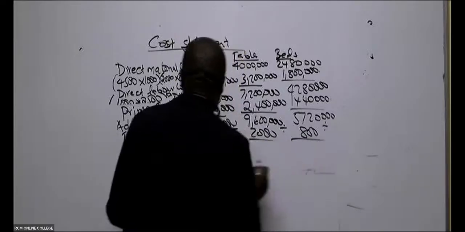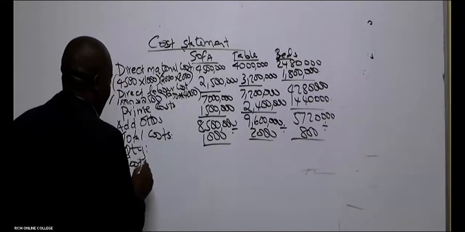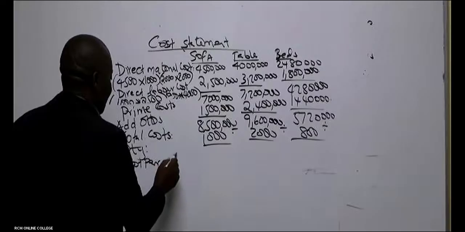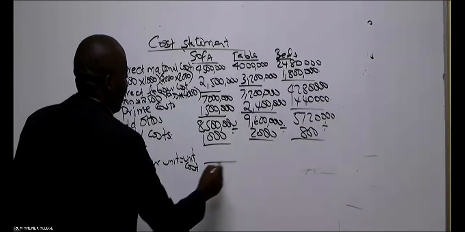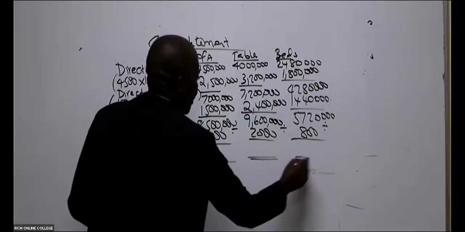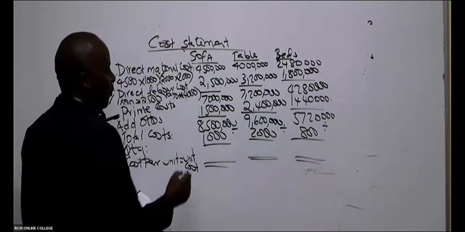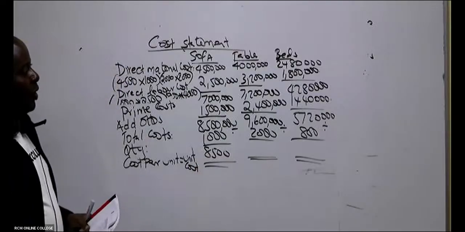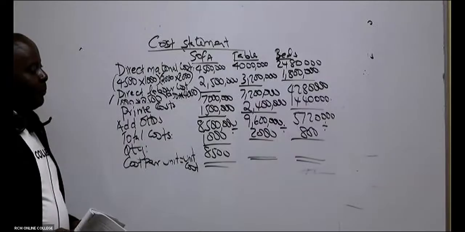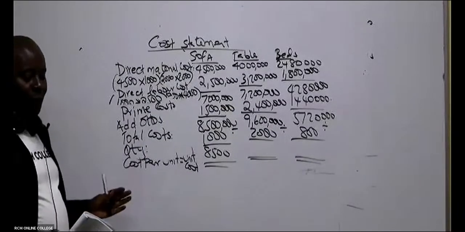Doing that, will you be able to give me cost per unit, what they are calling unit cost? We are dividing, remember. So the first one will be 8,500. That's the sofa set.